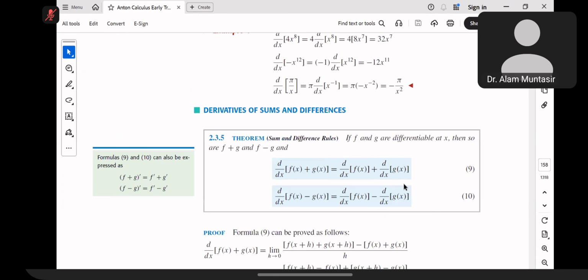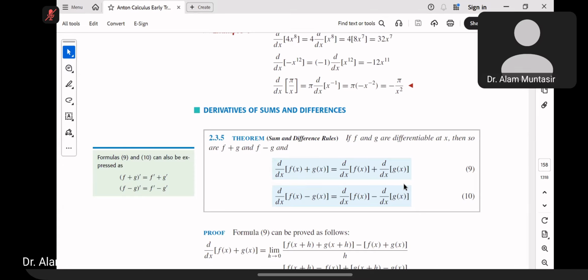Next, sum and difference rules. If we are given two functions f and g, then taking their sum and afterwards taking the differentiation is exactly the same as taking their differentiations separately and adding them together.